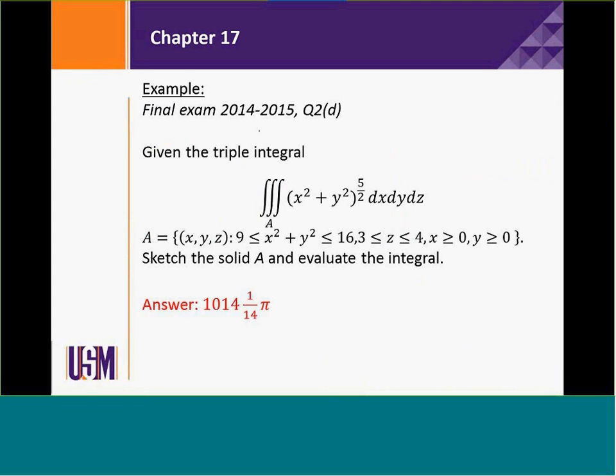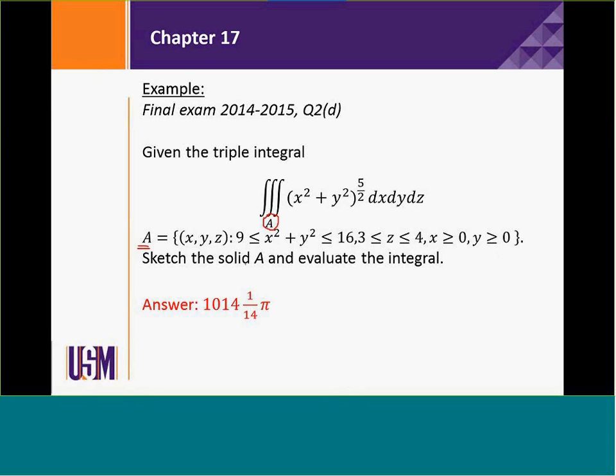Please look at this example, the final exam question 2014-2015, question 2D. Given the triple integral in Cartesian coordinates x, y, and z, the limits of integration are represented by the solid A. The solid A is given by these conditions, actually the boundary of the solid here.